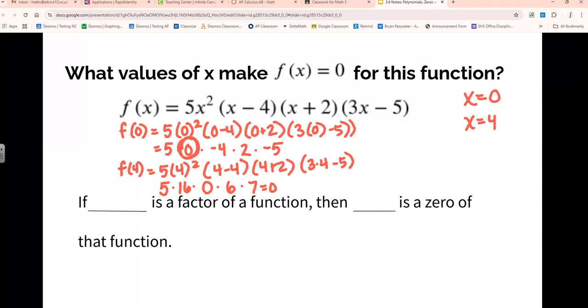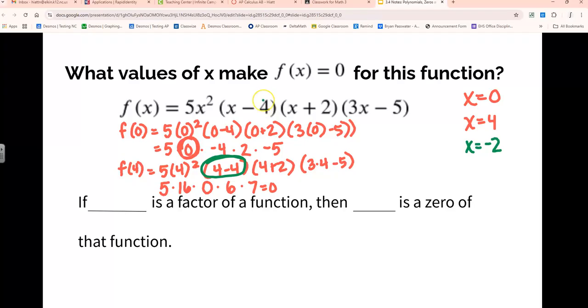And the reason is because of this little piece right here. When I plugged in 4, I ended up with a 4 minus 4, which gave me 0. It's not going to be 5. Negative 2 works for that same reason, because if I plug in negative 2 right here, negative 2 plus 2 gives me 0.